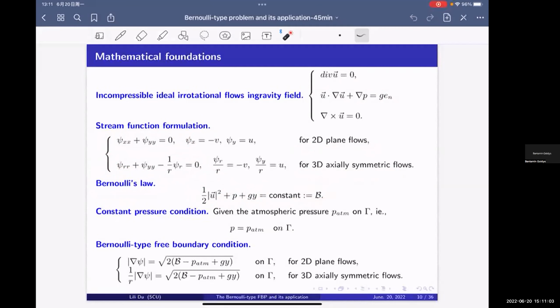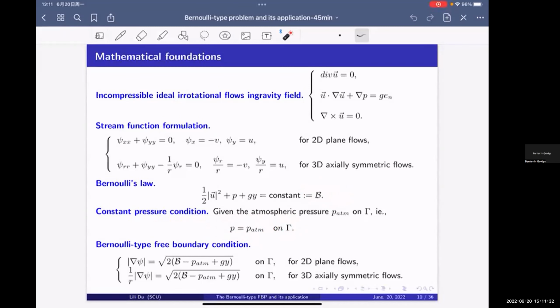We would like to emphasize that the Bernoulli constant is an unknown constant here. On the free boundary, we assume that the pressure satisfies the constant pressure condition. That means the pressure equals the atmospheric pressure on the free boundary gamma. The atmospheric pressure is a given constant here.